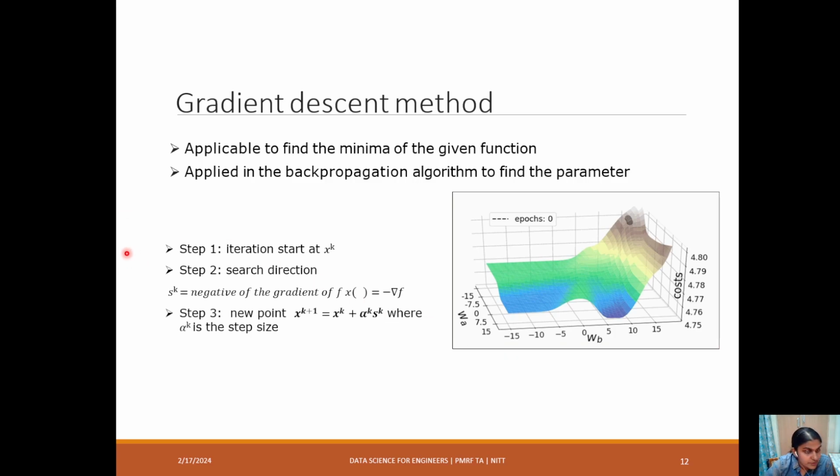The steps are as follows. At step 1, the iteration starts at xk, and then you find the search direction sk, which is the negative of the gradient of f of x, that means minus del f. Then the new point is written as xk plus 1 equal to xk plus alpha k into sk, where alpha k is the step size, or in neural network terms, the learning rate.